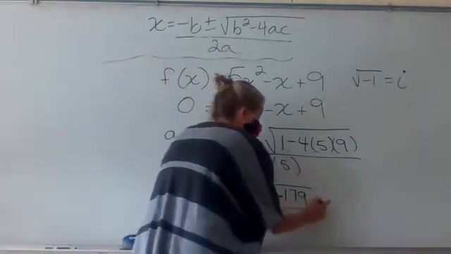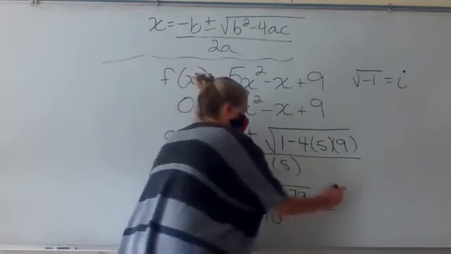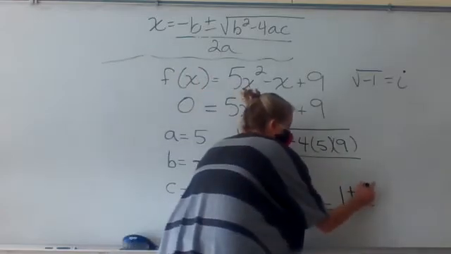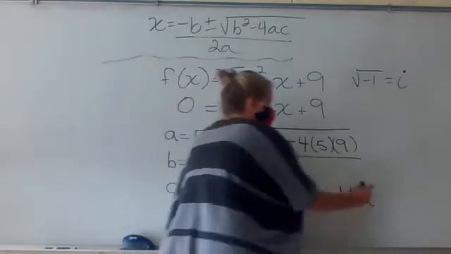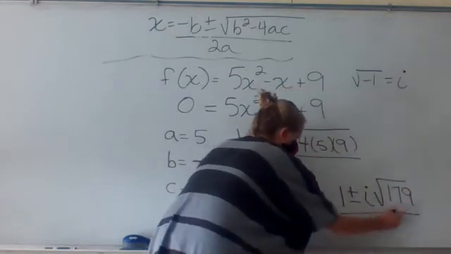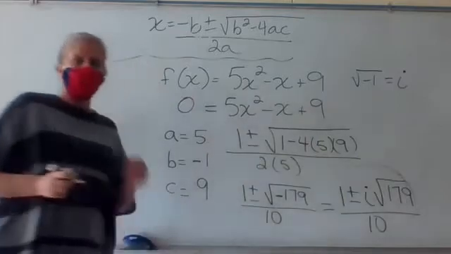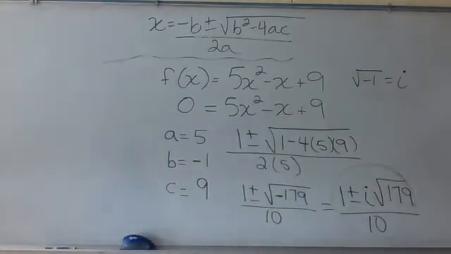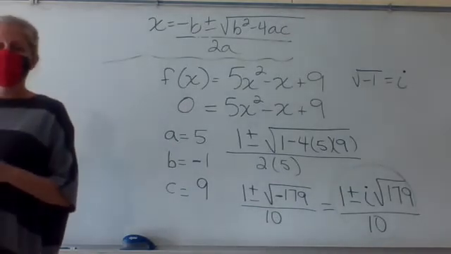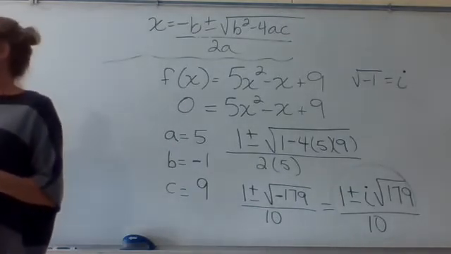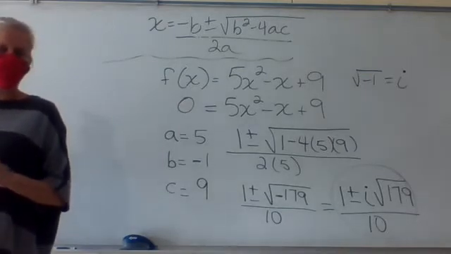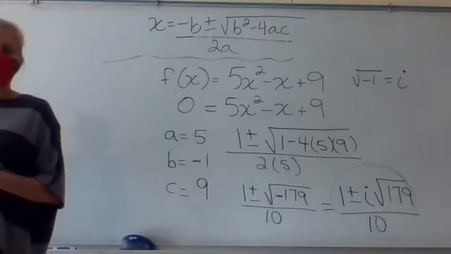So the way I write this with a positive square root is 1 plus or minus, put your I right here, which makes what's underneath your square root turn to positive 179 over 10. So once you get to the end, if what's underneath your square root is negative, pull out the I to make it positive. So that's probably going to happen on your number 4. It will happen on your number 4.